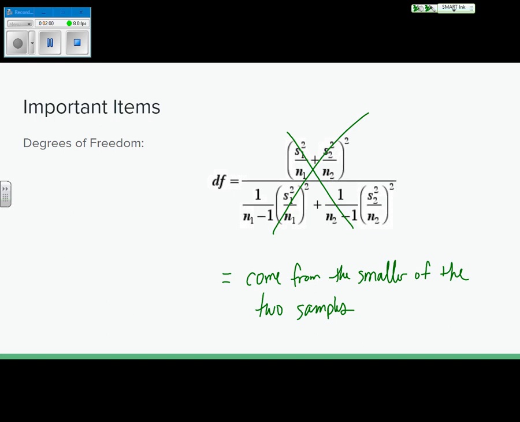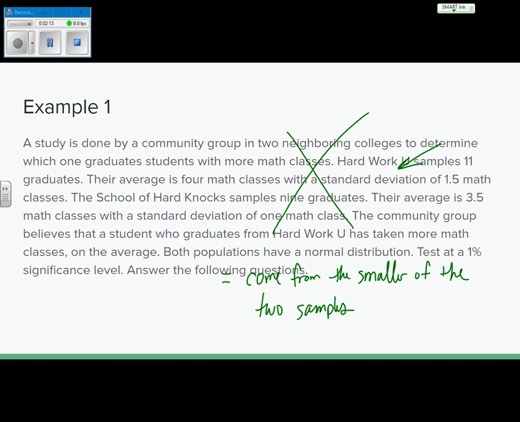Whichever one's smaller, that's going to allow us a little bit more breathing room, and we don't have to worry with this formula. We just have to worry about that test statistic. That's the only one that we're going to need right now. Okay? So let's jump into our first example.